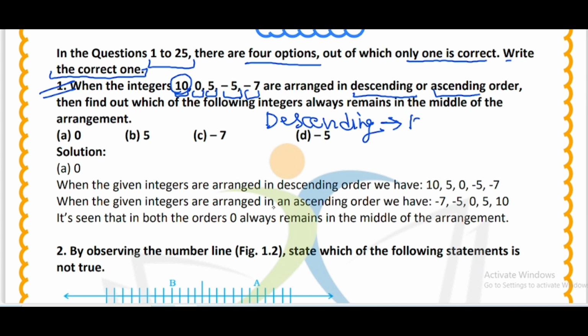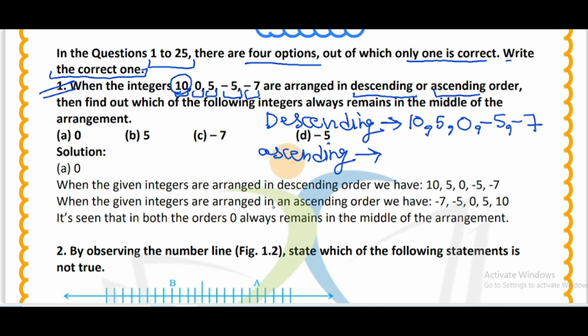10 is the greatest integer of these given integers, then 5, then 0, then -5 and -7. This is the descending order of these given integers. Let's see the ascending order of the given integers.